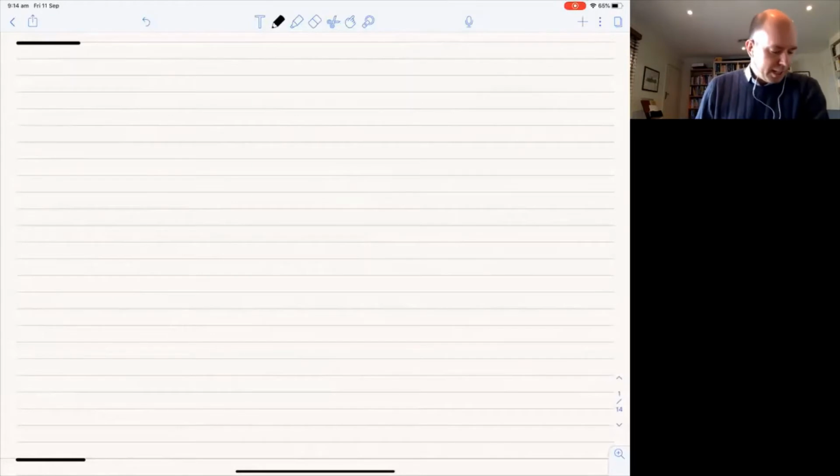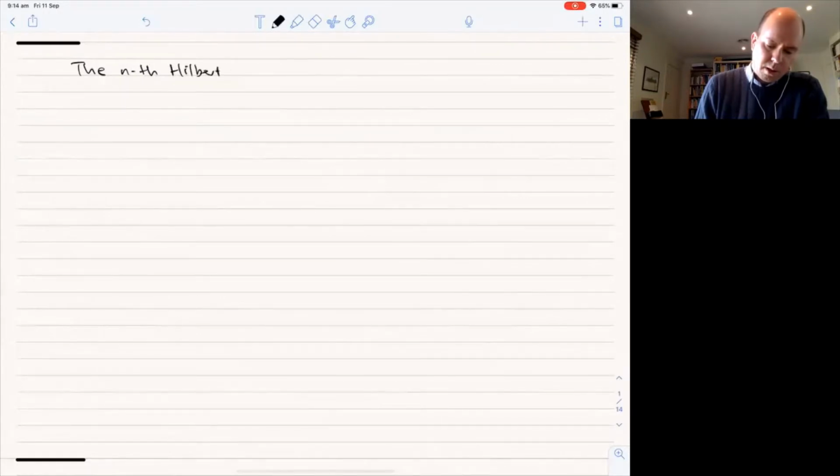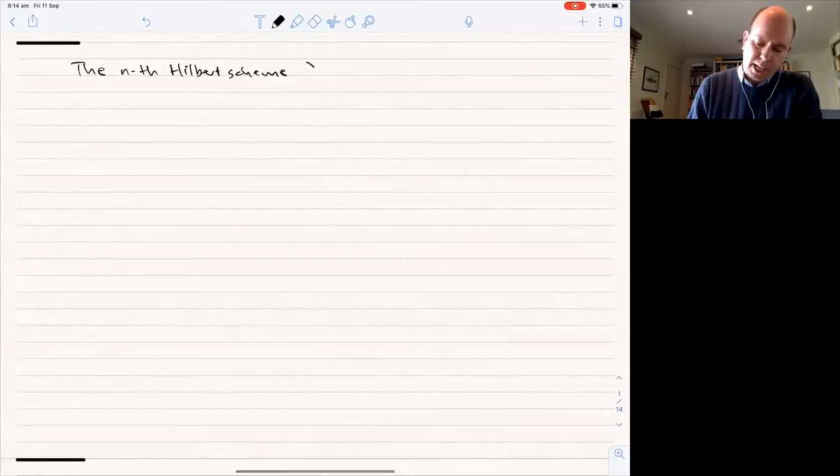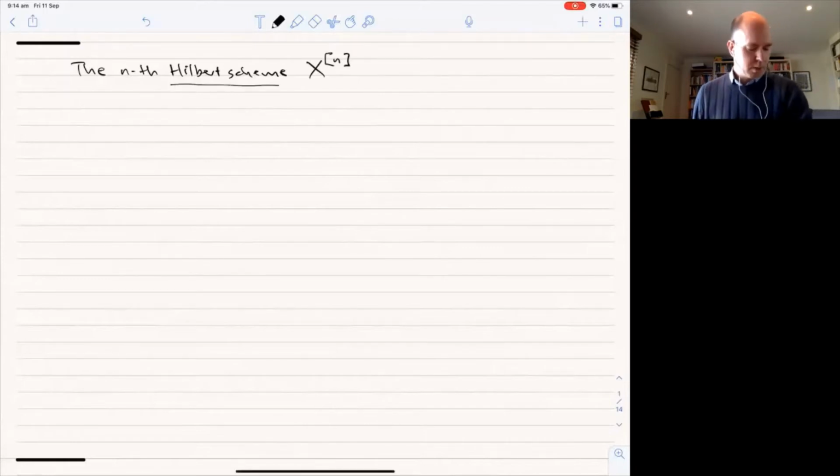So now, by contrast, the nth Hilbert scheme, which in Nakajima's notation is written X with a superscript square brackets n, is meant to be a scheme. The general definition of this scheme is something we won't really go very much into.